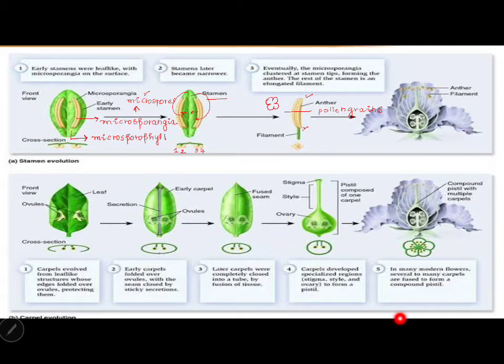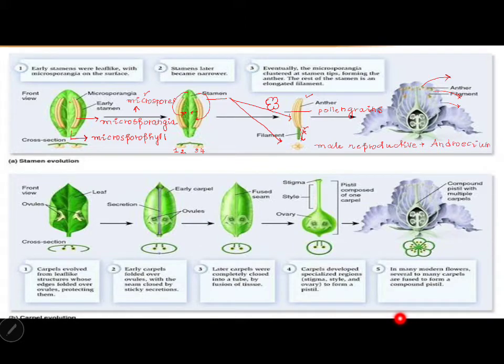So I need a holder which will elevate the anther for better dispersal of pollen to the pollinating agent. So we have a filament. The entire stamen has evolved to have 2 parts, anther and filament, and this became the male reproductive organ in the androecium of a flower.